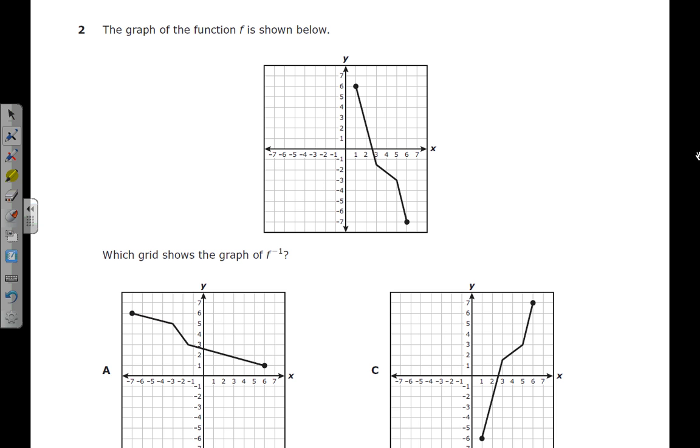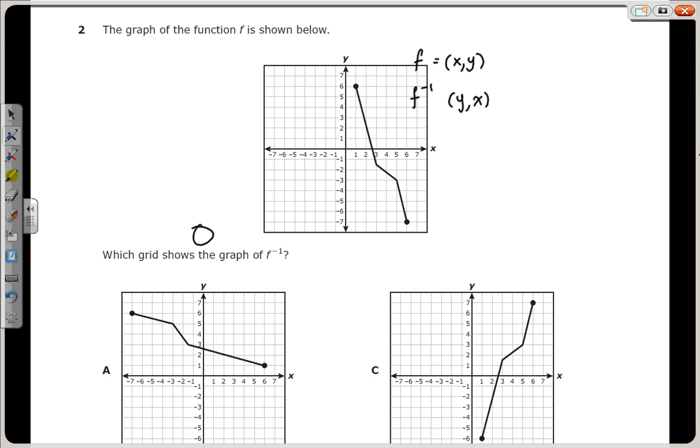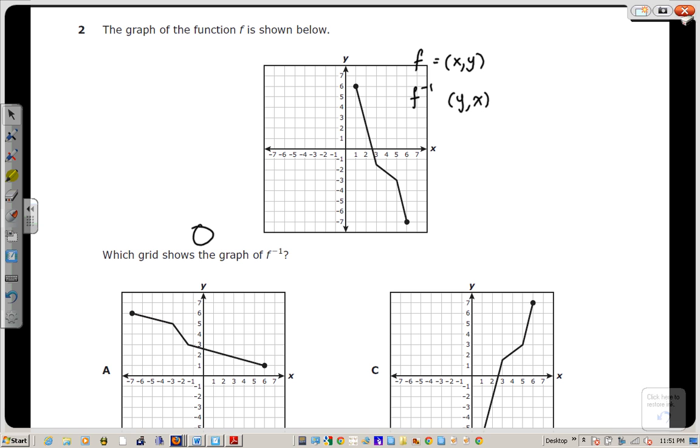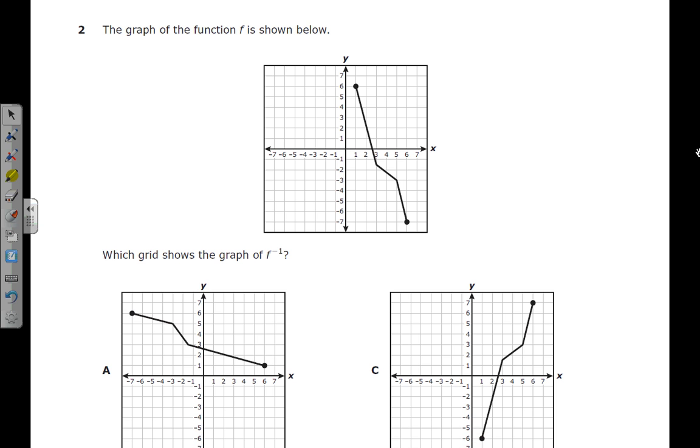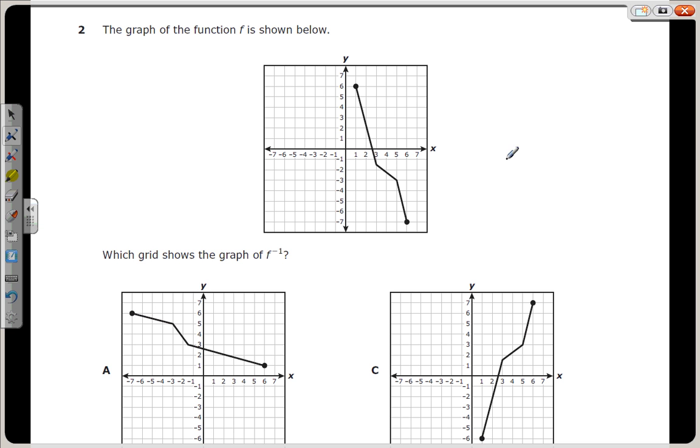All right. So I want to pick points that are nice, points that are easy to work with. So I'm going to pick this point right here. What are the coordinates of this point?